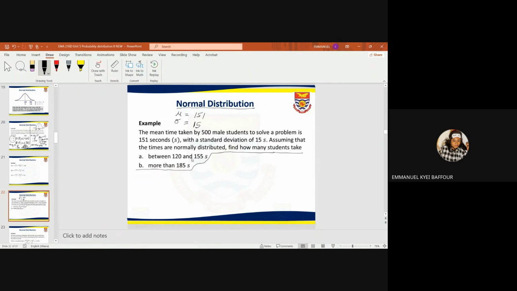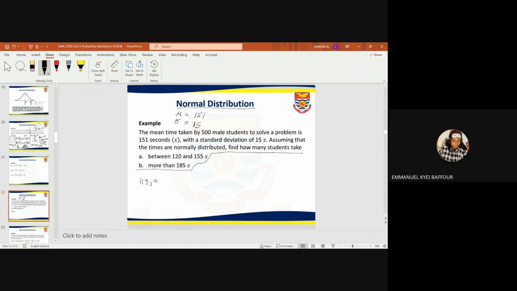In converting it to a standardized score, one thing that you have to put at the back of your mind is that once we are talking about seconds, between 120 seconds and 155 seconds, there is a possibility that we will record 119.5 seconds as part of 120.